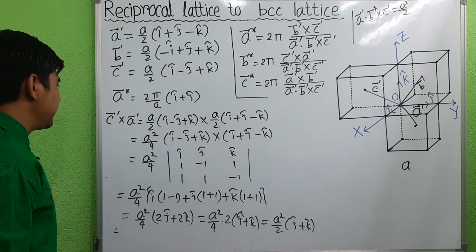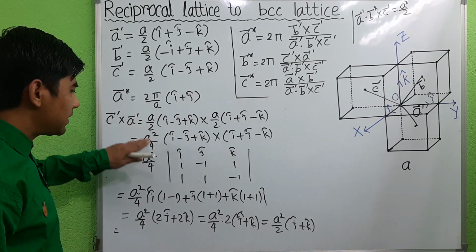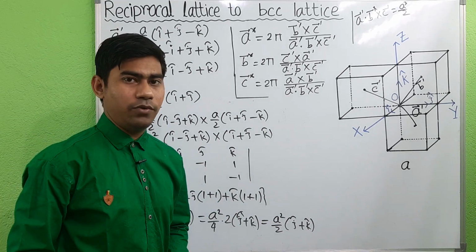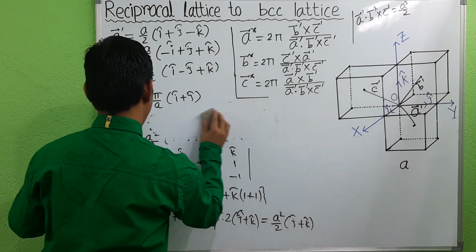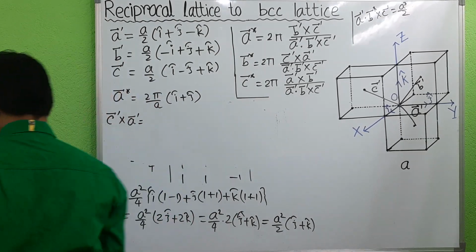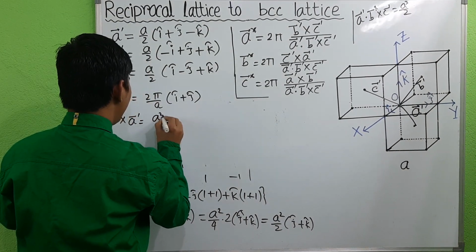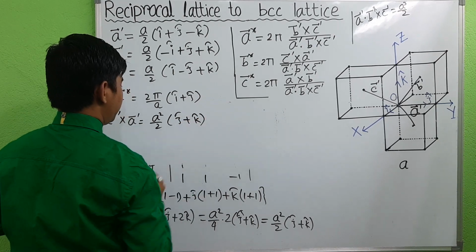Thus we get the value of this term, that is c dash cross a dash, is a square by 2 (j cap + k cap). So we can write c dash cross a dash is a square by 2 (j cap + k cap).